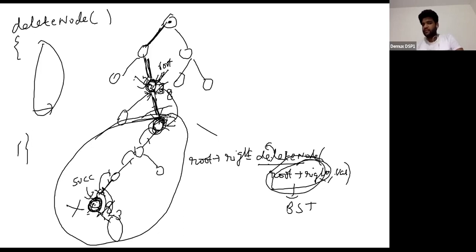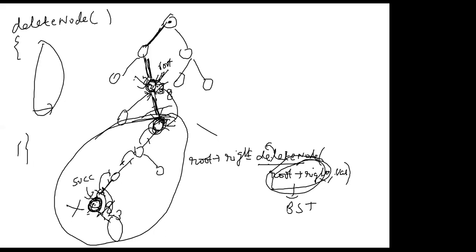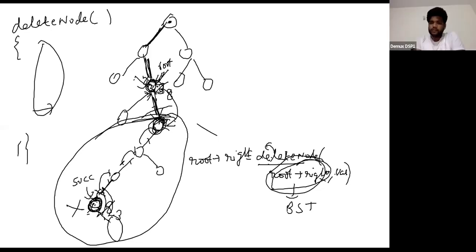So can someone tell me, is this a BST after you swap this with this? No, right? Are we swapping the elements itself or the nodes? We are swapping the elements, the values. Okay.